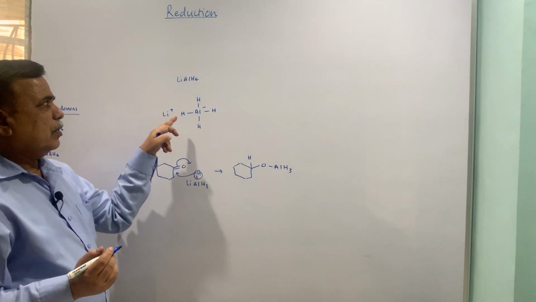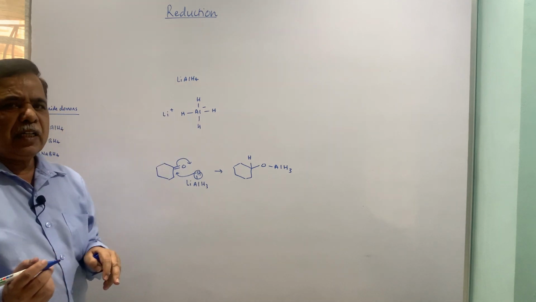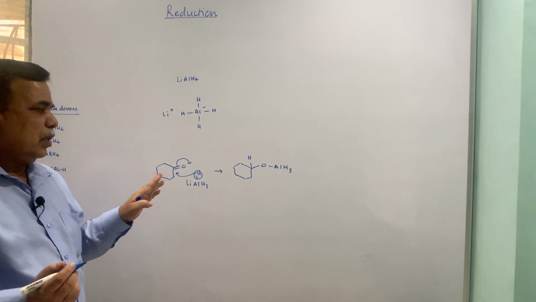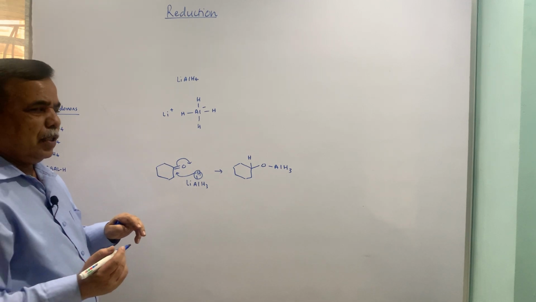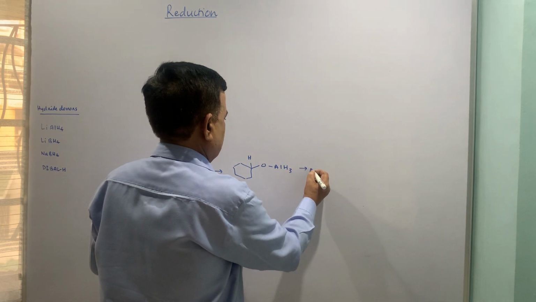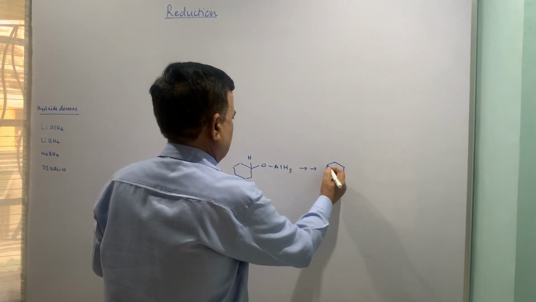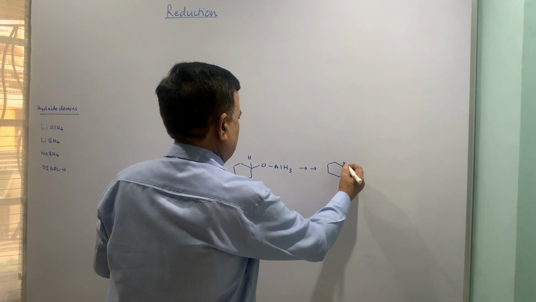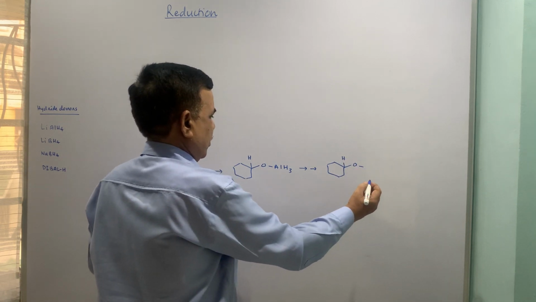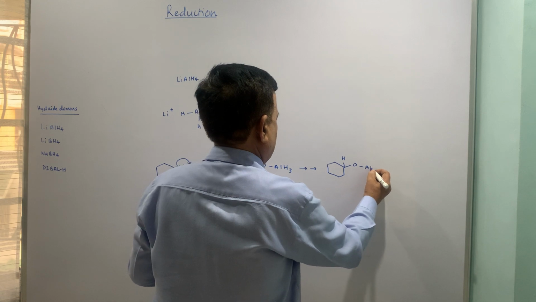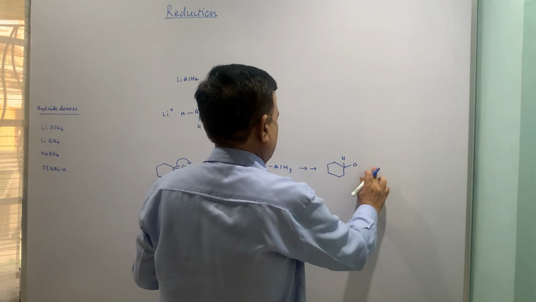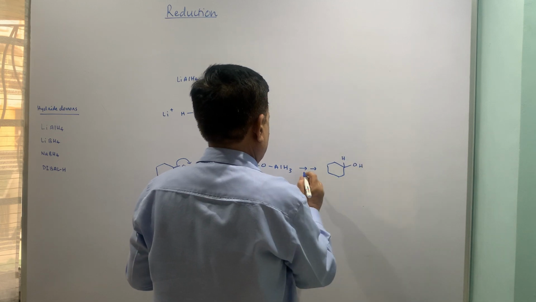So 1 mole of lithium aluminum hydride is sufficient to reduce 4 molecules of this ketone, and ultimately when this, I will just put arrow, you can always write OAl, and then once again you will have those bonds, but I will just put here.